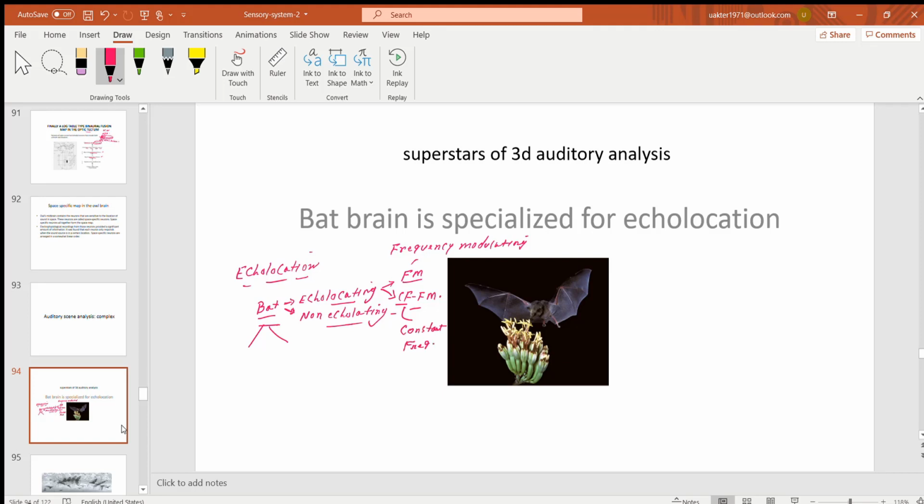If you record a frequency modulating call, and this way is the frequency and this way is the time, the frequency modulating call will sweep like this.